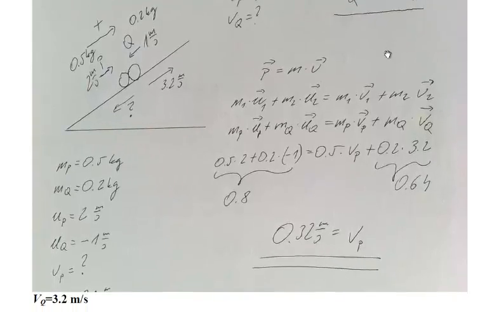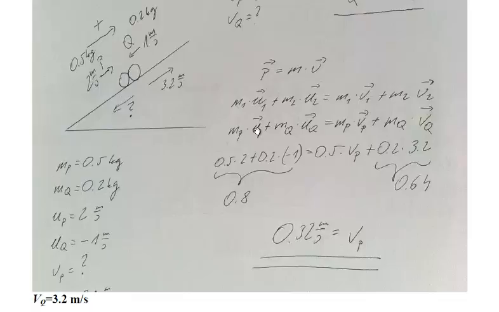Next, we should use the conservation of momentum. This is momentum, it's m times v, and this is the law for two particles, and this is for P and Q. These are the data: masses, initial speeds.